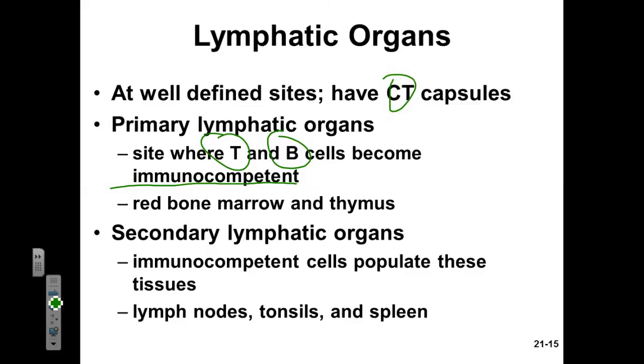There's a special kind of disease when this process goes wrong and our T or B cells start to attack our own body tissues. An autoimmune disease. So when that happens, it's because our T and or B cells have gone wild. They're malfunctioning. The two primary lymphatic organs are red bone marrow and the thymus.